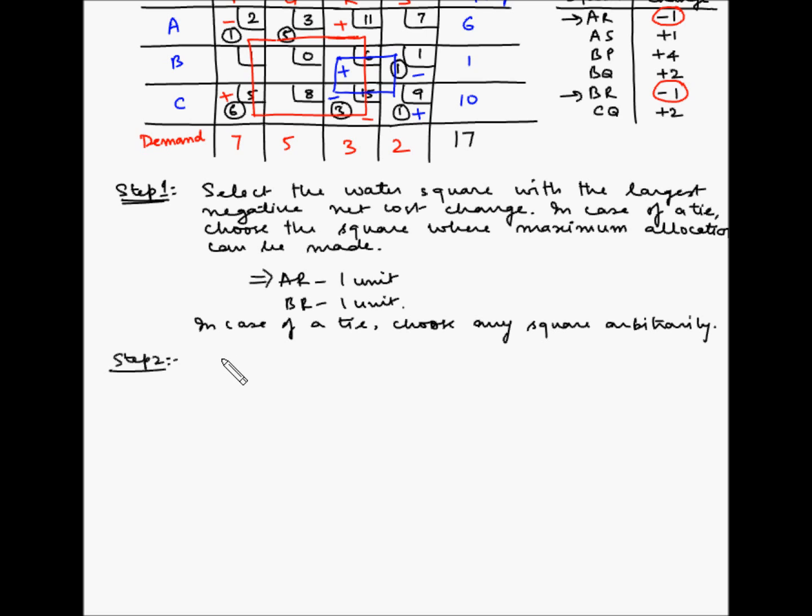So step number 2 says subtract the smallest of the figures from each square at the negative sign on the closed path and add to each square at the positive sign on the closed path.